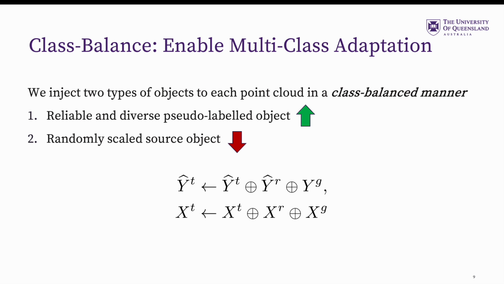One type is reliable and diverse pseudo-labeled objects obtained through the previous CDE and OBC-based downsampling, while the other consists of randomly scaled source objects. During self-training, we gradually increase the number of reliable and diverse pseudo-labels while decreasing the source labels to ensure a smooth model adaptation to the target point cloud.